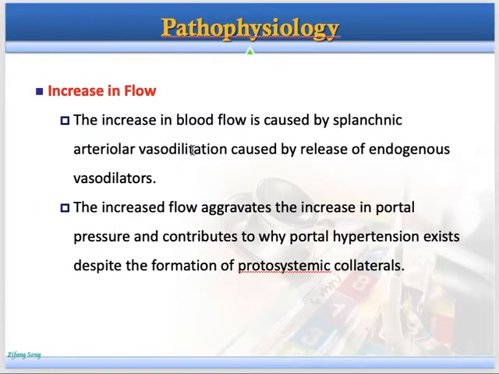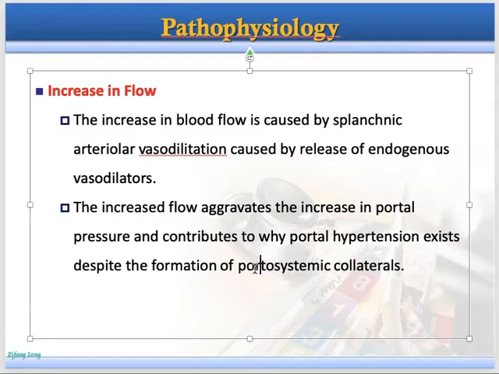Now, if you understand this point, there will be increased blood flow and increased blood resistance, and the portal veins are anastomosing or shunting into the systemic circulation.